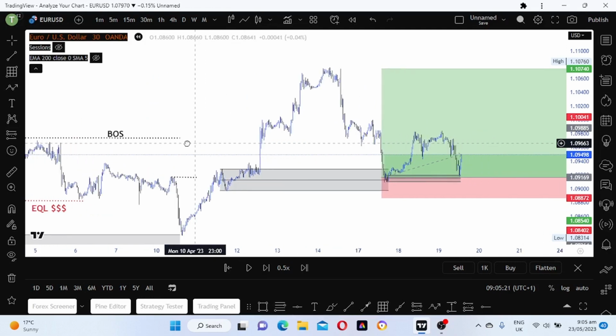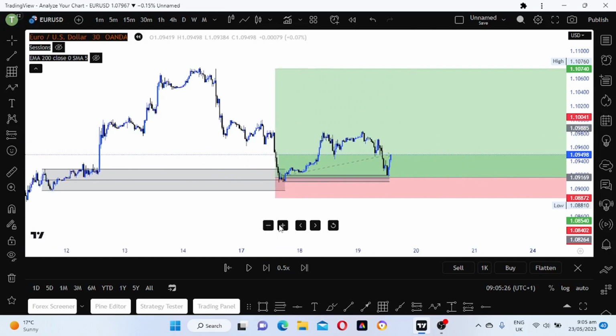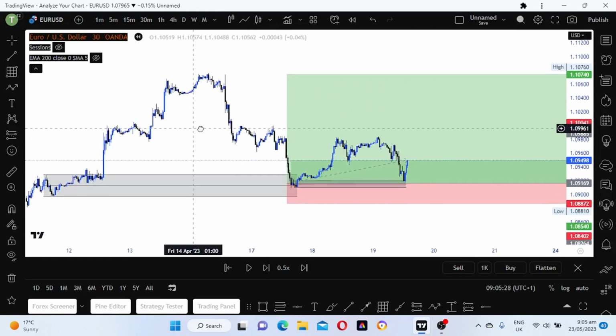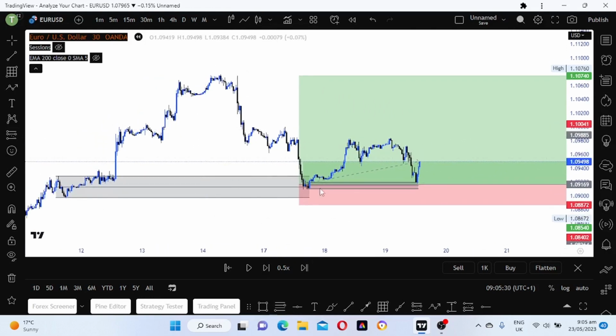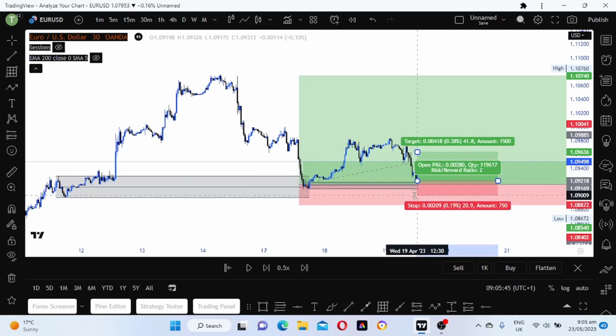As you can see on the 30-minute, I draw another zone on M30, and I enter after this candlestick closure, or I'll enter at this small zone here on M30.